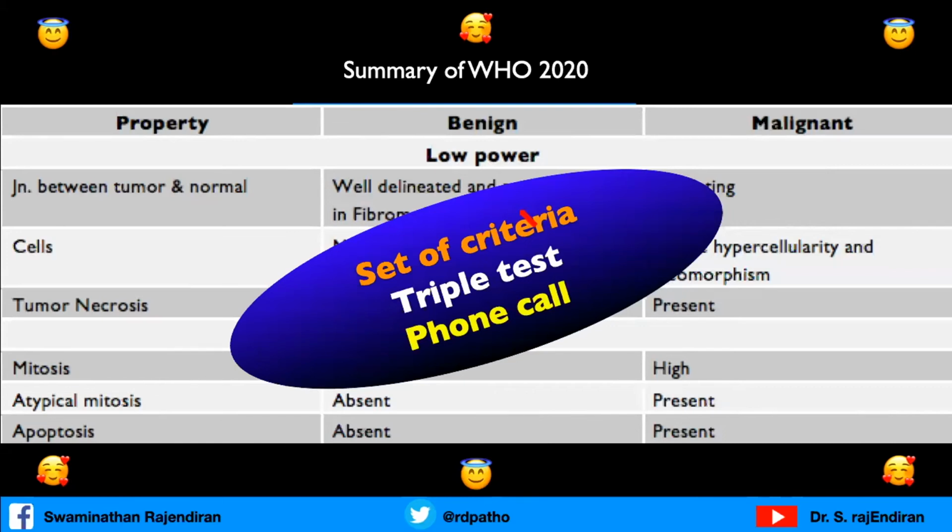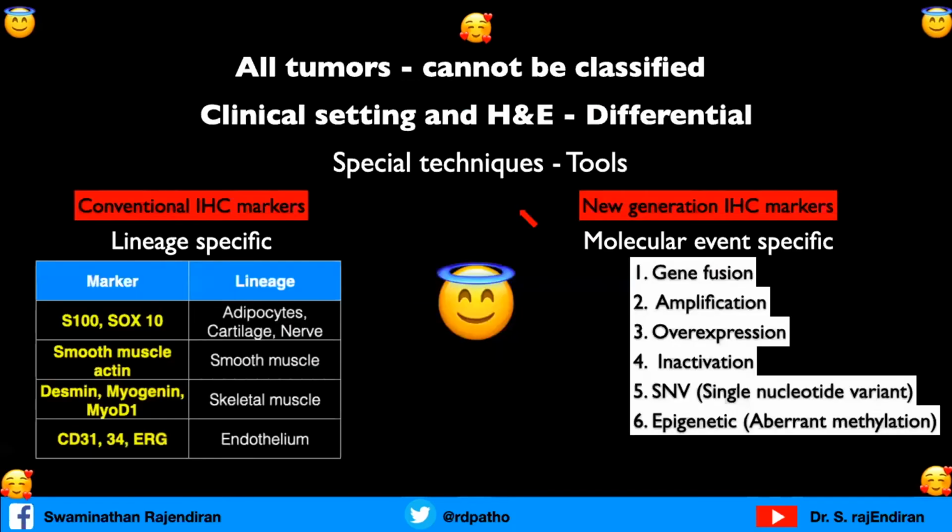So we have to apply clinical and radiological findings. Radiological image is very, very important. I used to tell that radiology is part of pathology now. That's part of gross examination of the specimen. Whenever there's a problem, please call the clinicians. Calling the clinician will solve the problem, or take the clinician to the radiology and have a small tumor board kind of discussion that will bring the diagnosis.